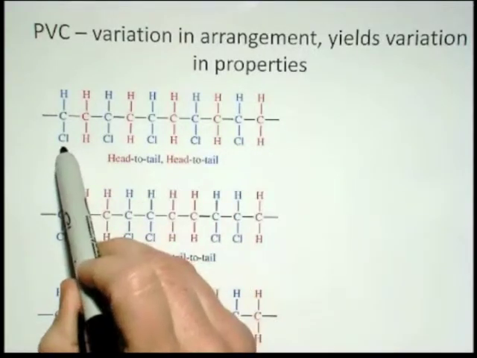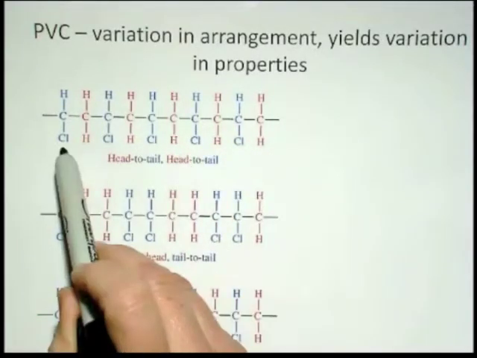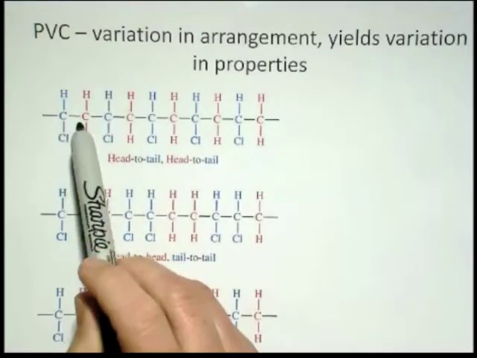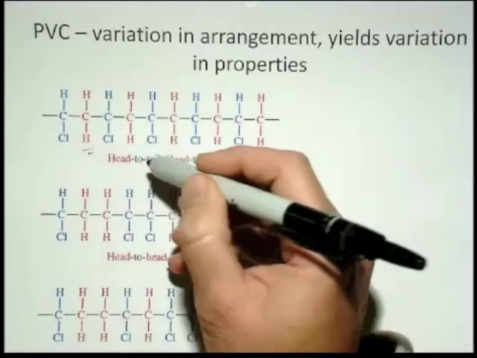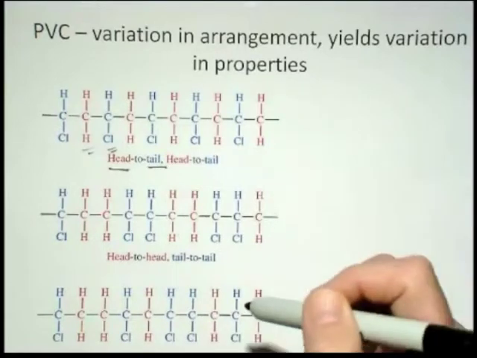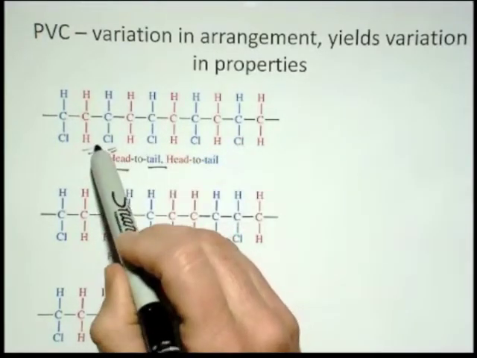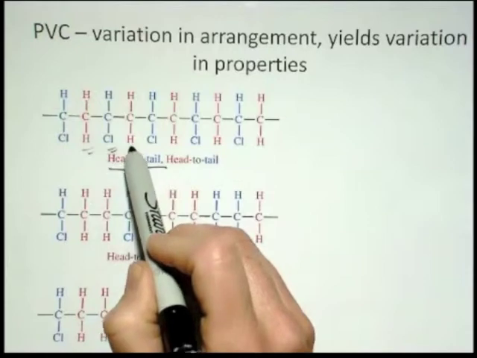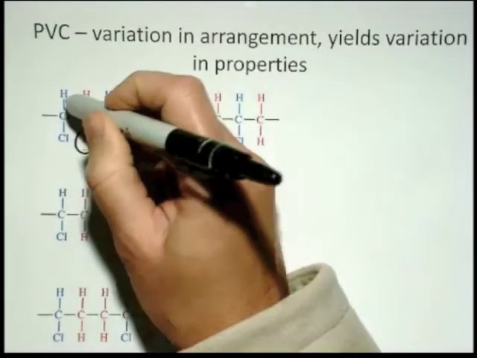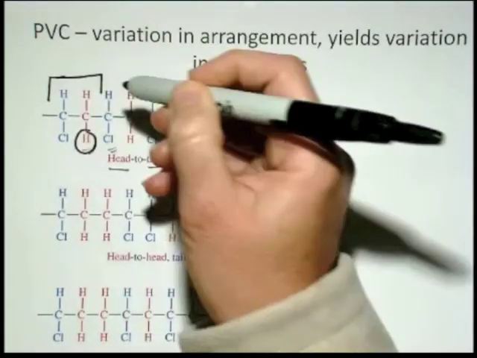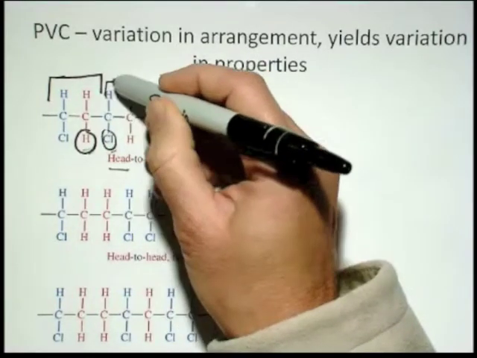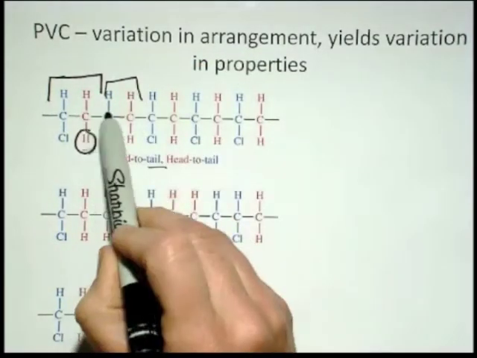In this case, it's a pretty regular pattern. It goes chlorine, then hydrogen, chlorine, then hydrogen, chlorine, then hydrogen. So the head is the hydrogen, and the tail is the chlorine. The red is the hydrogen, and the blue is the tail, obviously. So anyway, head to tail. The front of the molecule, the head of this monomer unit, which would be from here to here, is reacting with the tail right here of this monomer unit.